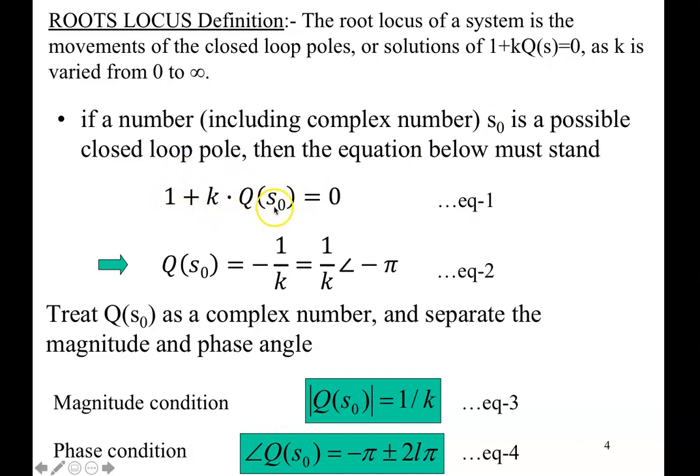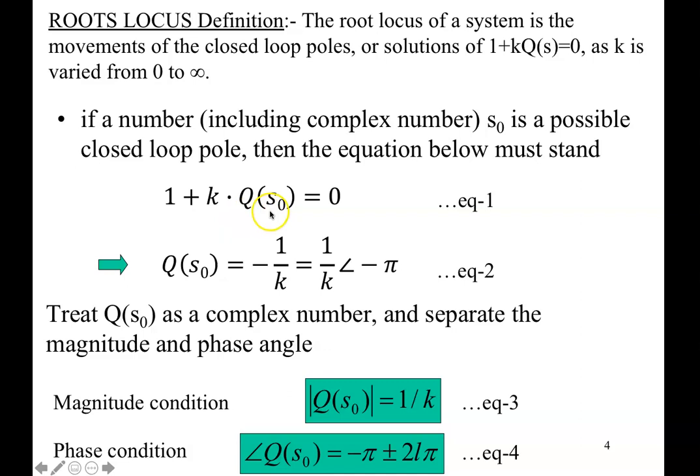Substitute S0 into kQ(s) plus 1. If that equals 0, then this particular S0, which is a number, will be a possible closed-loop pole, and there will be a corresponding k value to make the left-hand side of equation 1 to be 0.